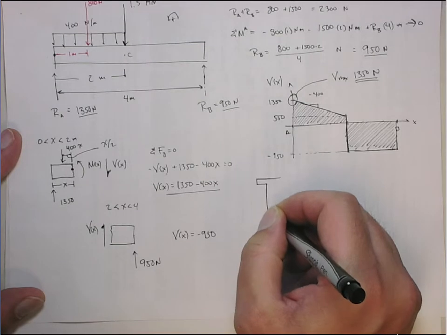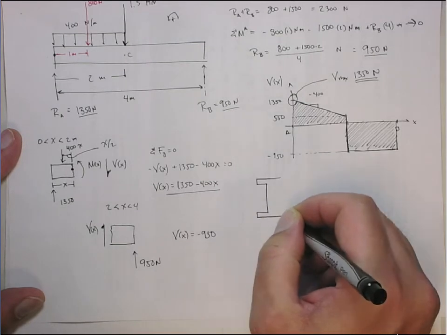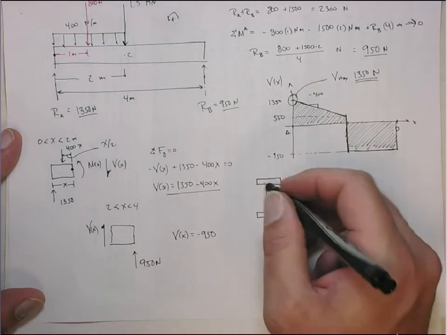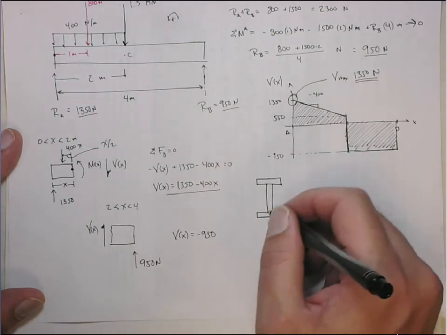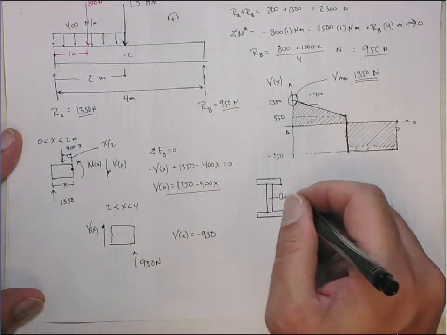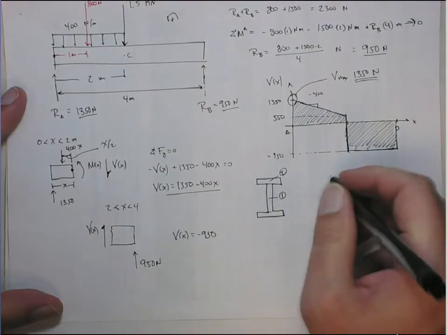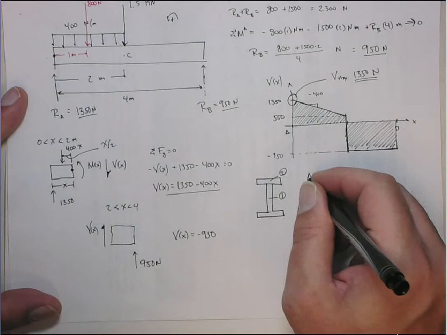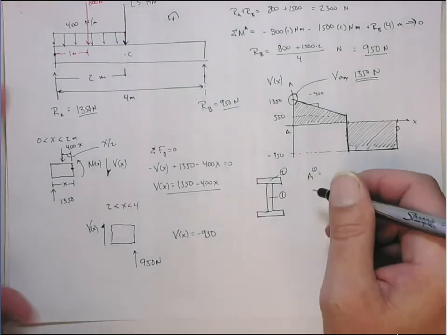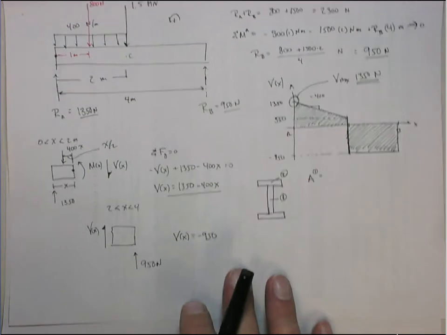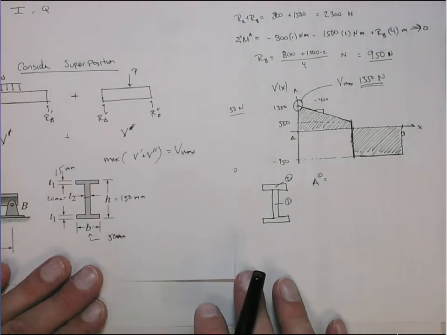First we need to get I of the entire cross section, right? So we'll call this section 1, and this I'll call section 2. All right.